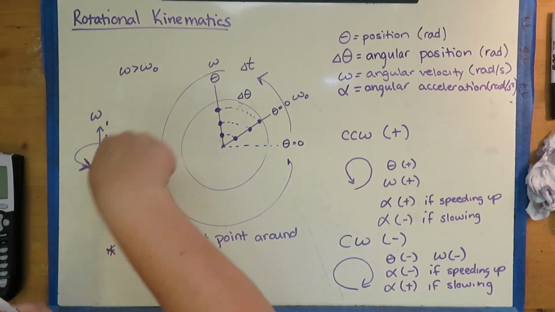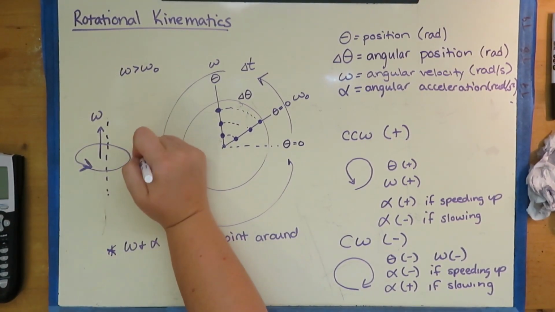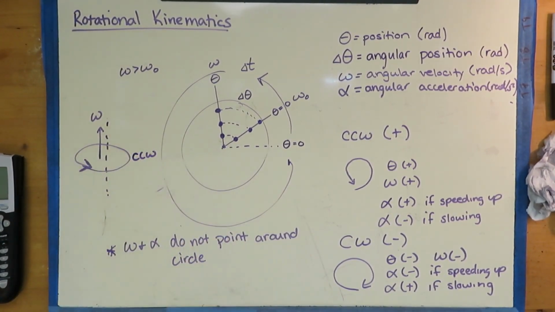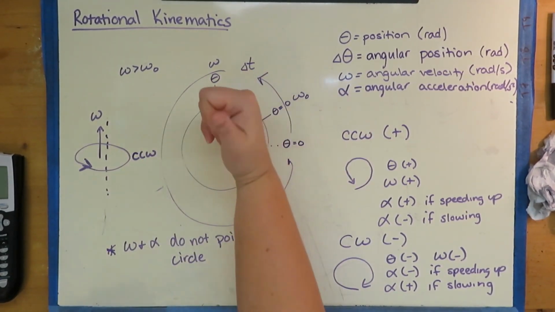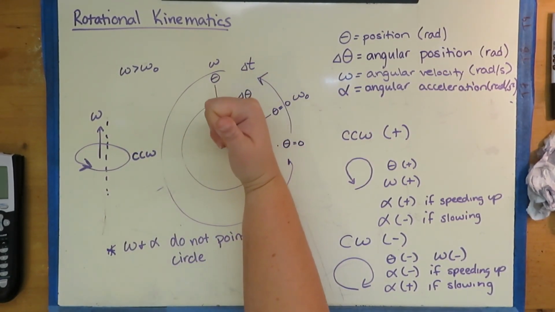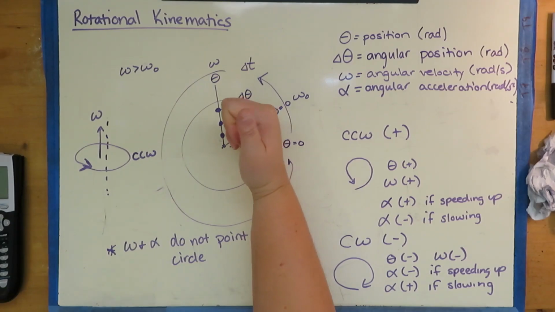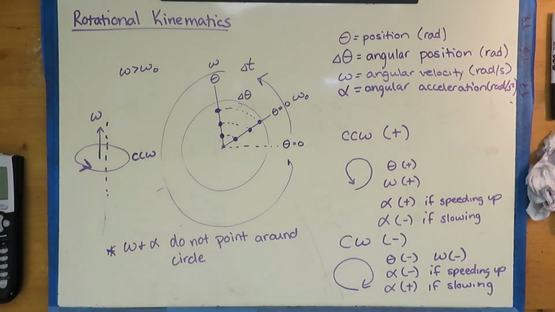So if the object is rotating counterclockwise, my omega vector points up. If this is the XY plane, my omega vector technically points in the positive Z direction, up out of the page towards the camera.